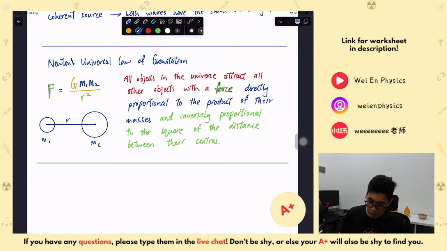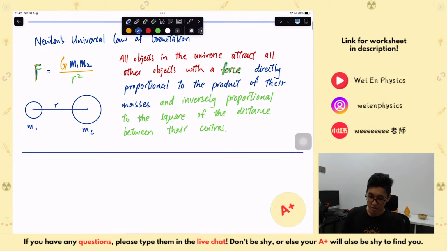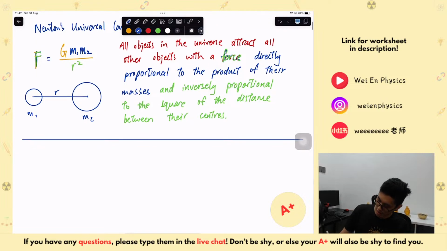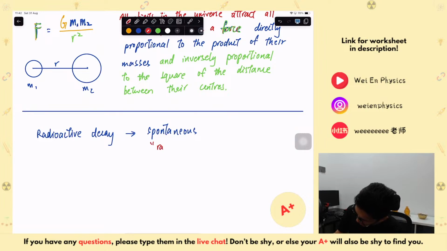Next one, radioactive decay. I already told you the definition of half-life only. I haven't told you the definition of radioactive decay. So radioactive decay is spontaneous. Spontaneous means random, suddenly.